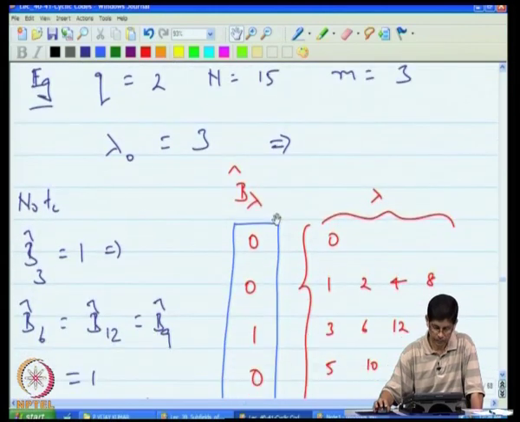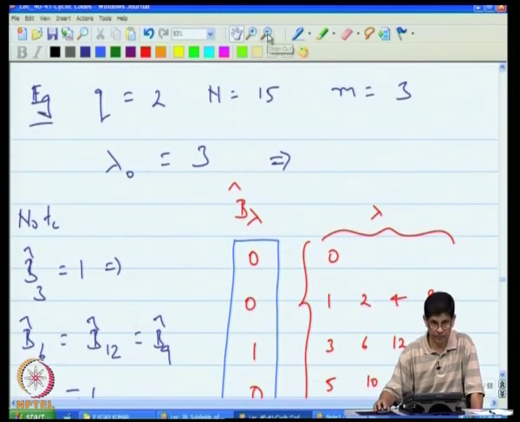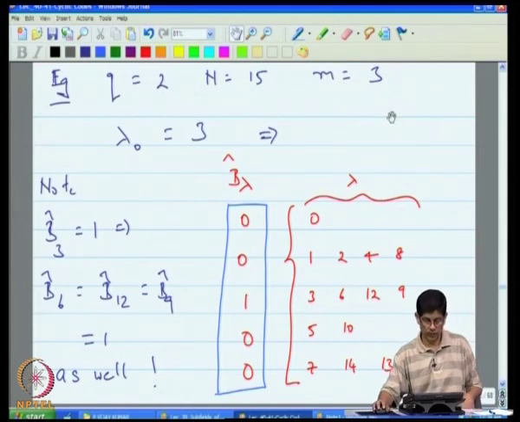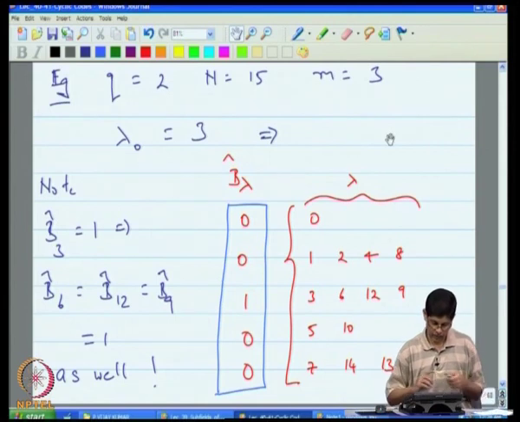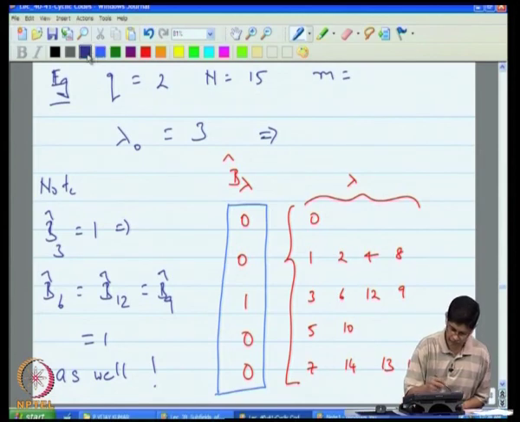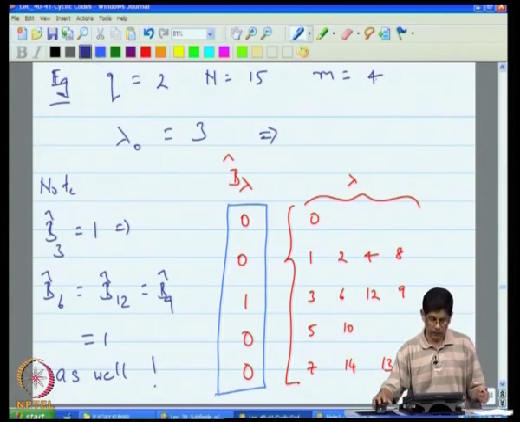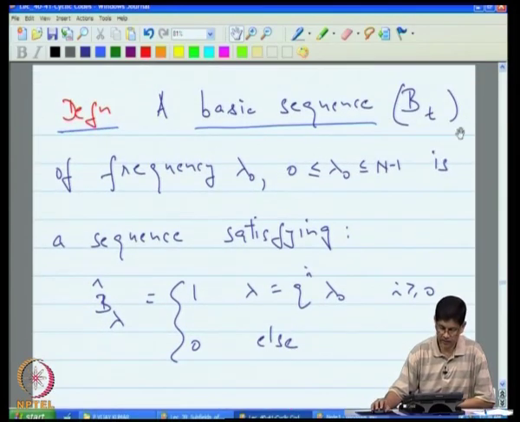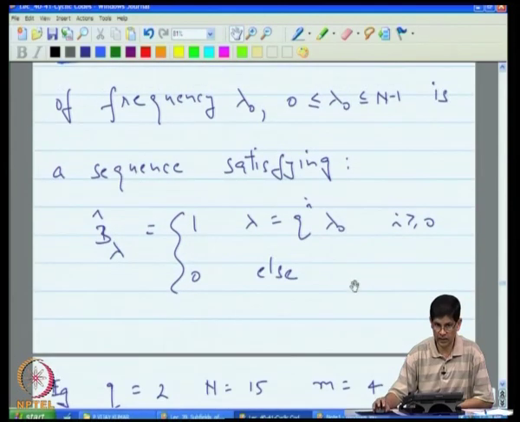For example, this is the case when q is 2 and n is 15 and m is equal to 4, pardon me. Supposing I pick lambda naught to be 3, then what I want to illustrate is a basic sequence of frequency lambda naught, meaning its transform value is 0 everywhere except at frequencies corresponding to lambda naught and its conjugates.